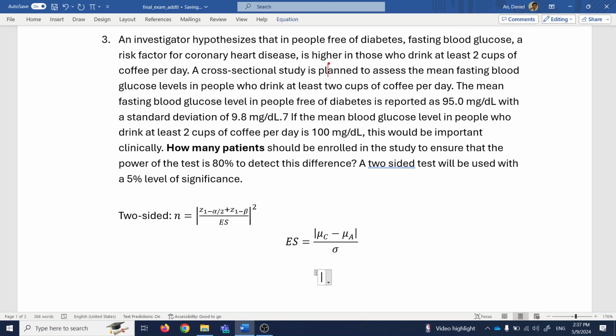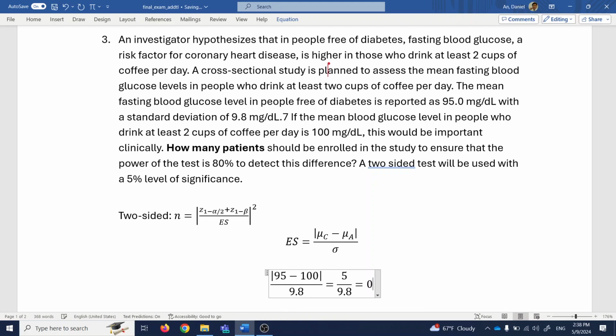Claimed is 95, the claimed value if coffee has no role in the glucose level. But what they think is that the actual glucose level is slightly higher, and it's 100. And then standard deviation is 9.8. So that's going to be 5 divided by 9.8.